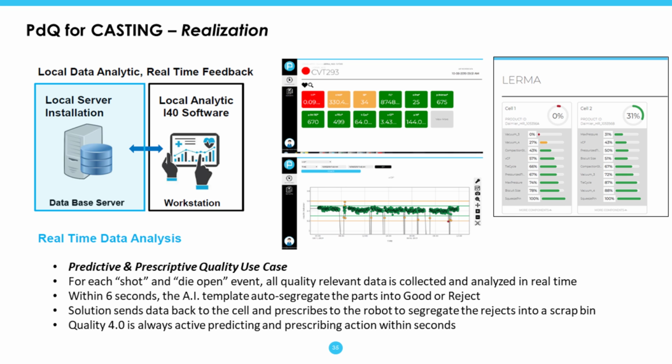These are some screenshots of the system that was realized for this casting application. As we were mentioning, the analytics are done on the edge, but we also have visualization that the user can see to track trends and patterns over time, as well as dashboards that give you very good summary information of the overall condition of your casting process for your various cells, as well as a factory level view.